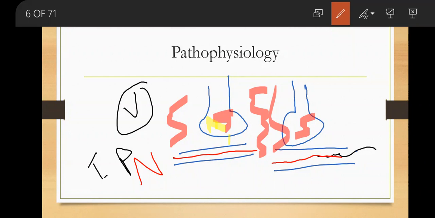So decreased diffusion of oxygen rarely contributes to hypoxemia because sufficient time still exists for full equilibration of oxygen and carbon dioxide.